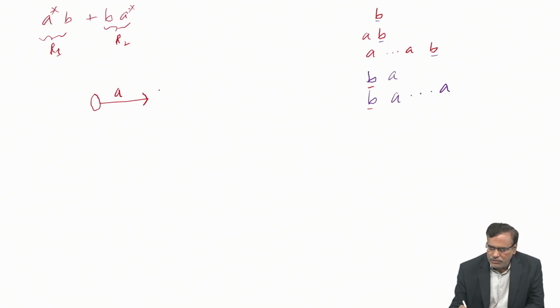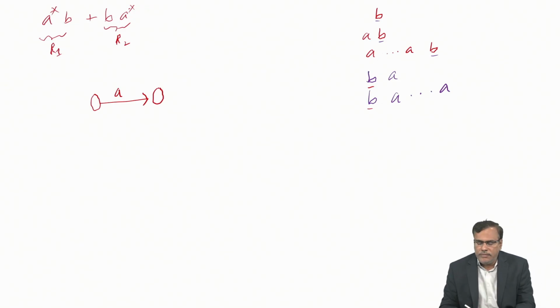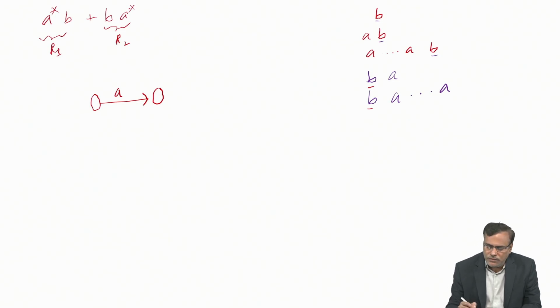This is how you make the design for just A. But what you have is not just A, it is A star. Right now, if you want to number the states, you can give state number 1 as the start state, and state number 2 as the final state, but I'm not marking it as final, as anyhow it is going to change. So I'm going to introduce a new start state and a new final state.